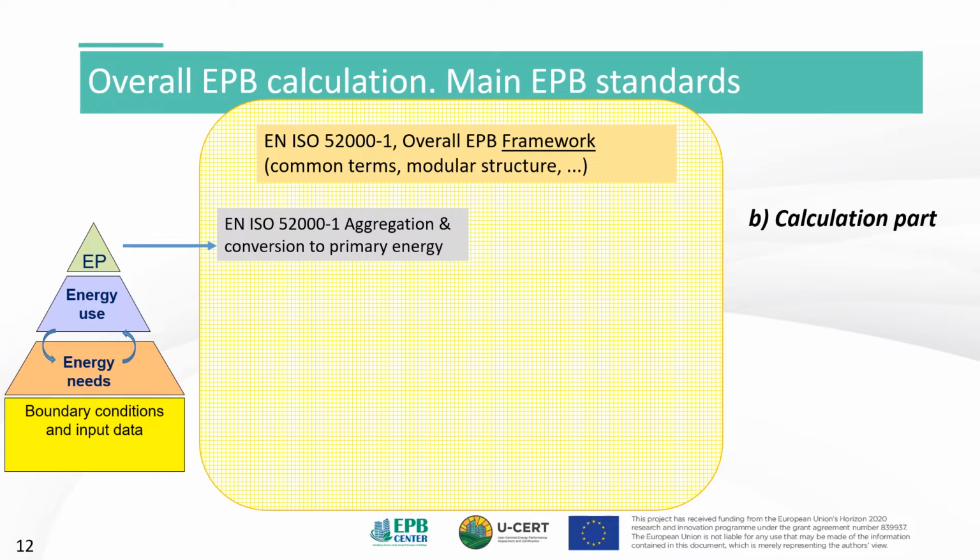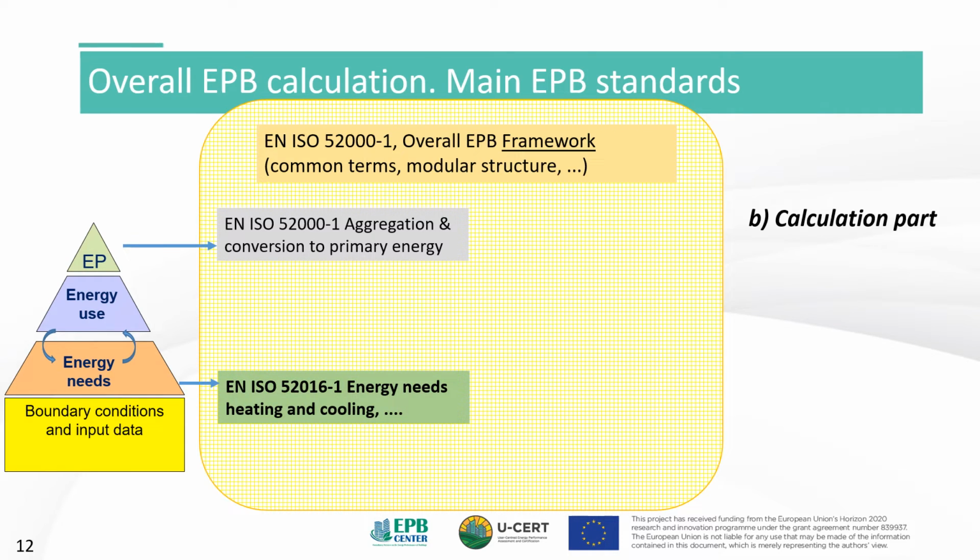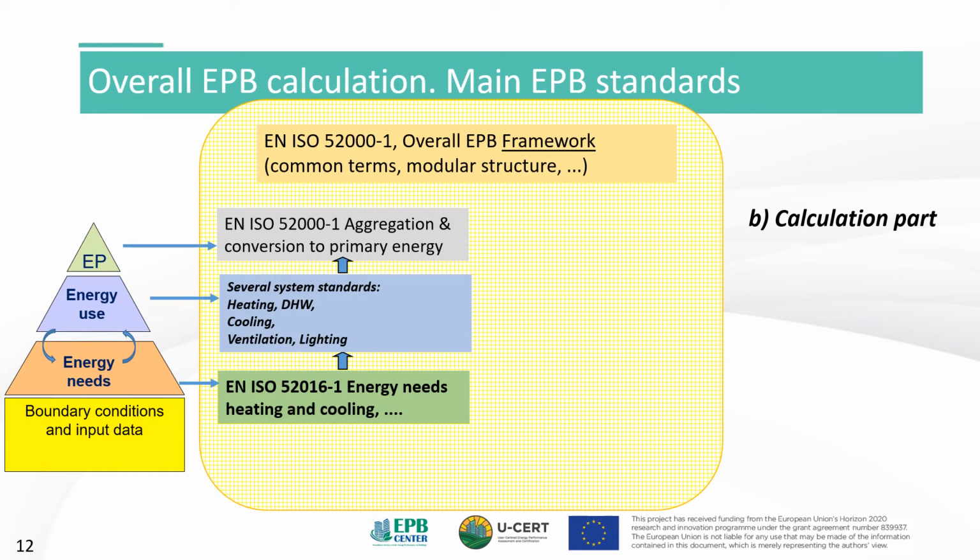So we moved aside this pyramid to give room for the other selected standards. Here we have 52016 Part 1, on the energy needs for heating and cooling and indoor temperature calculation. And then we have several standards to describe the systems: heating, cooling, ventilation and lighting.